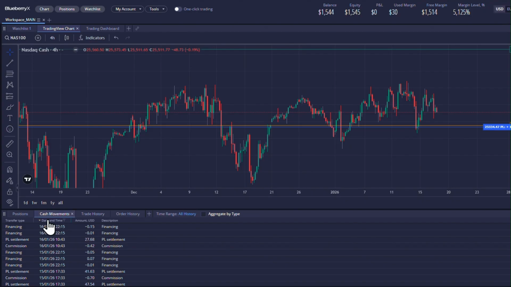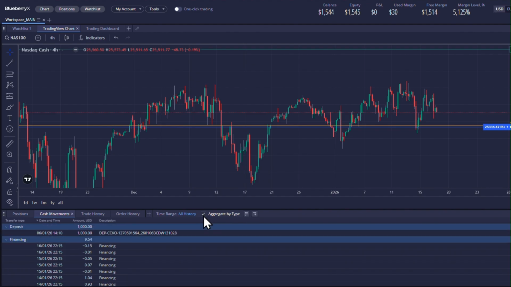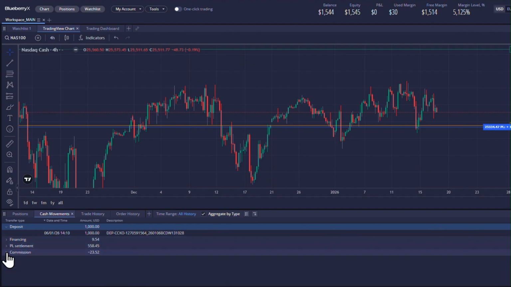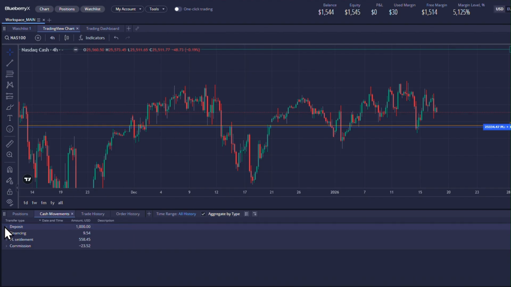You can see the cash movement. I will aggregate by type. So, I deposited. You can see up here, I funded this live account with $1,000 on January 6th, at the beginning of the year.